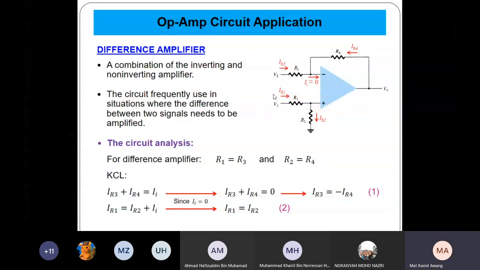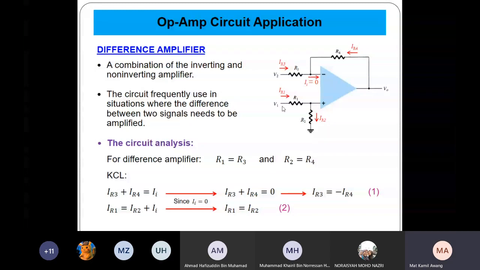But now for the difference, both are connected to the input, different input signals, V1 and V2. So the circuit is frequently used in situations where the difference between two signals needs to be amplified. What you want to amplify is the difference of these two signals.